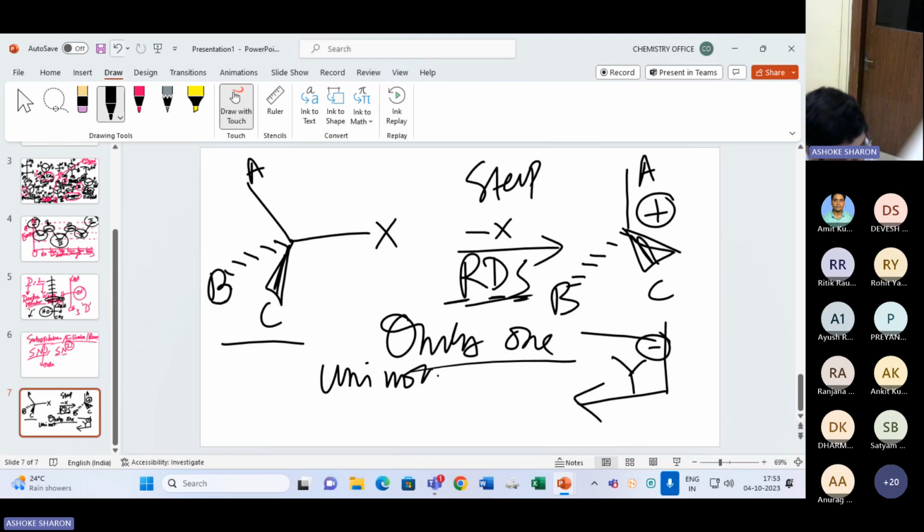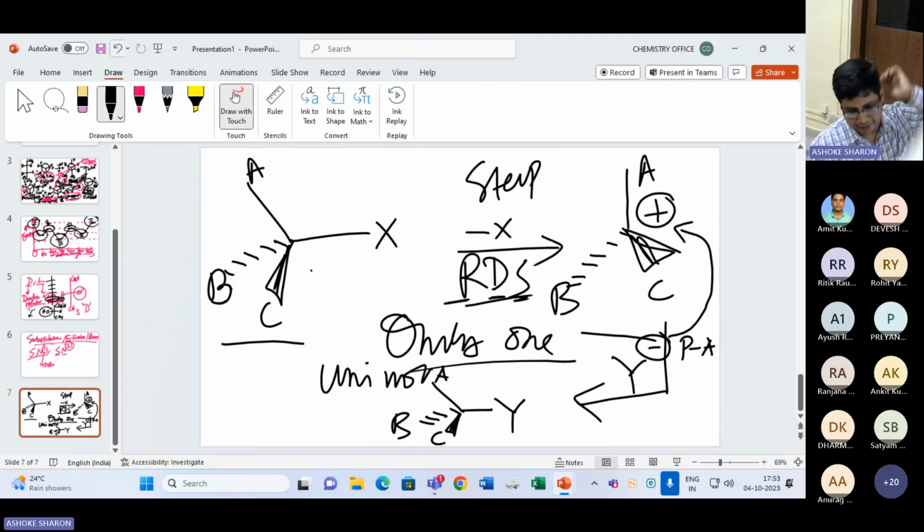When Y minus attacks, there are two possibilities. One is from that side. If I consider this attack as path A, then what you get is A, B, C, and Y. Clear? Which is very similar to your starting material.